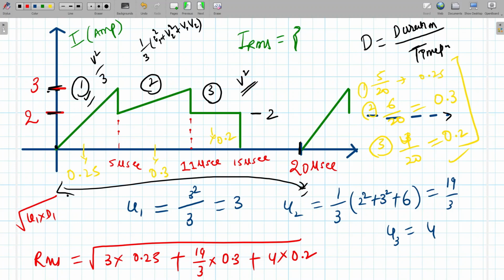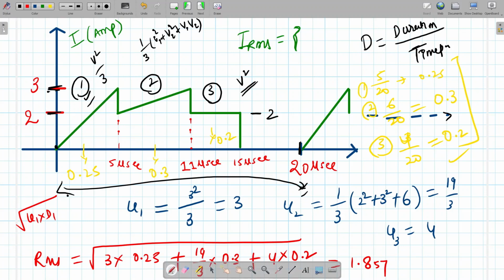Sir, I have a doubt. Okay, ask. In U2, this denominator term, will it depend on the number of waves? Which one? This 1 by 3, for the second wave?